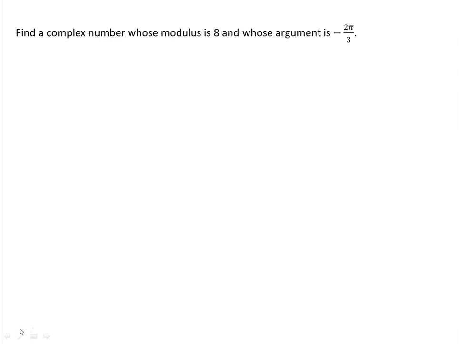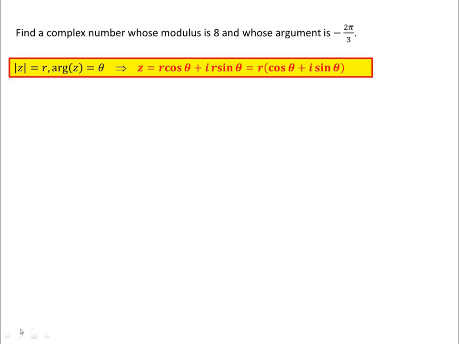Now, I've got to find a complex number whose modulus is 8 and whose argument is minus 2 pi by 3. Well, the result that we just had told us that if we know that mod z equals r and arg z equals theta, then we know that z is r lots of cos theta plus i sine theta. So in this case, our complex number must be z equals 8, that was the modulus, times cos of minus 2 pi by 3 plus i sine of minus 2 pi by 3.